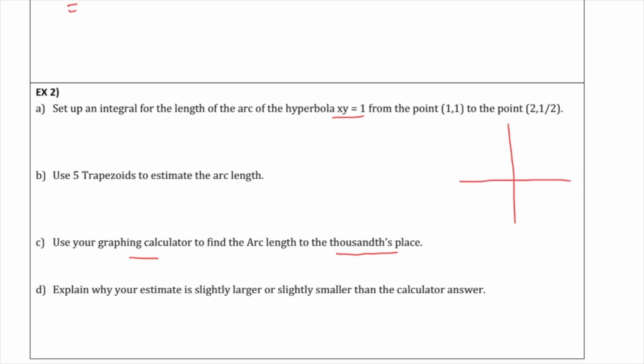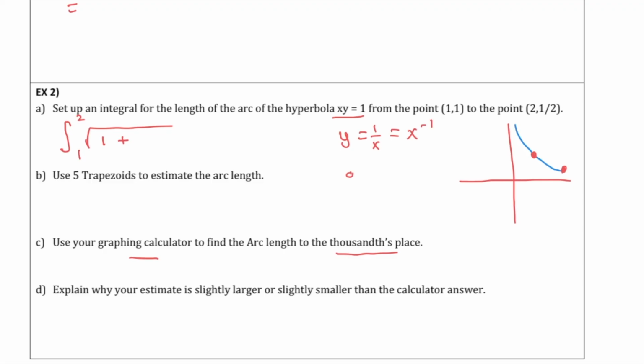So we know that xy is equal to 1. I have a nice little function. Here we go. We're going to go from (1, 1) all the way to (2, 1/2). So we know what length we're looking for. So if we set up our integral, we're going to have the integral from a to b. I'm choosing to use x values, so I'm going to go from 1 to 2, and then we will have the square root of 1 plus, I need my derivative, so y is equal to 1 over x, or x to the negative 1.